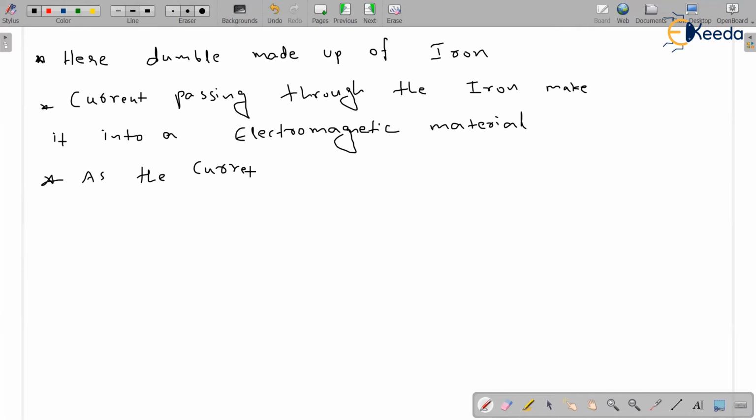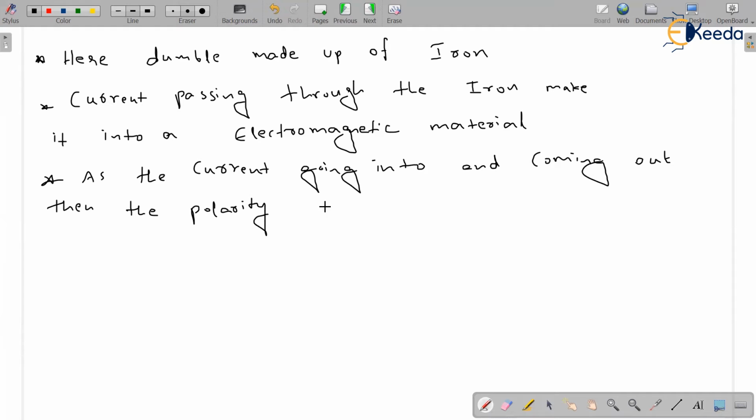As the current goes into and comes out of the coil, the polarity changes respectively.